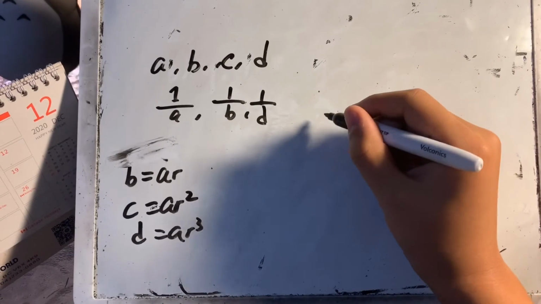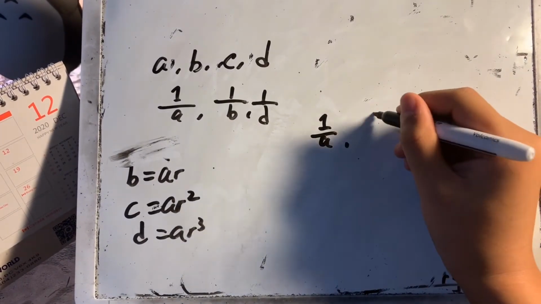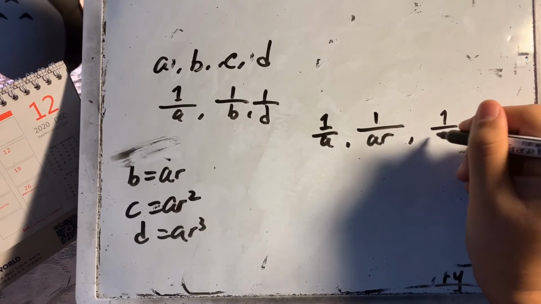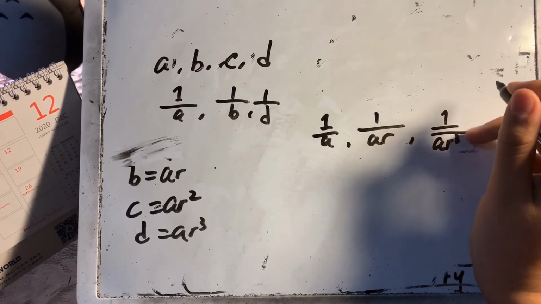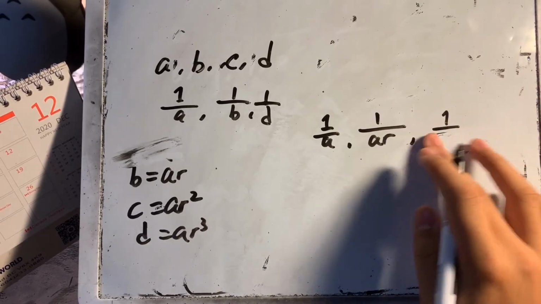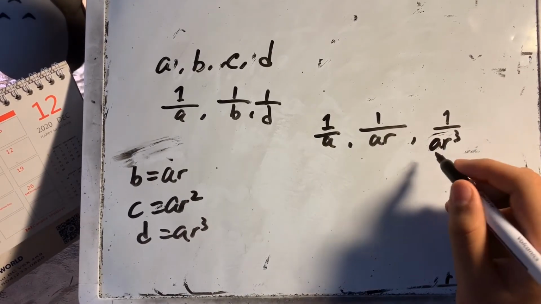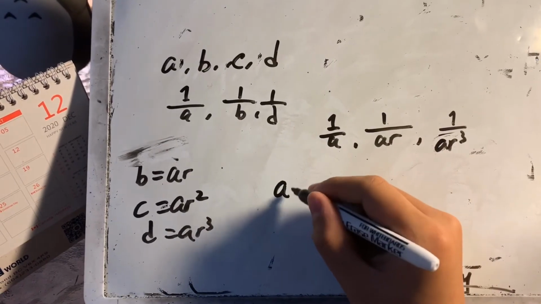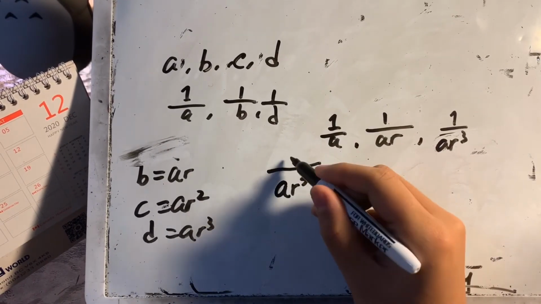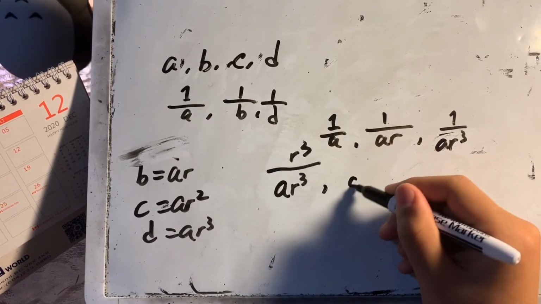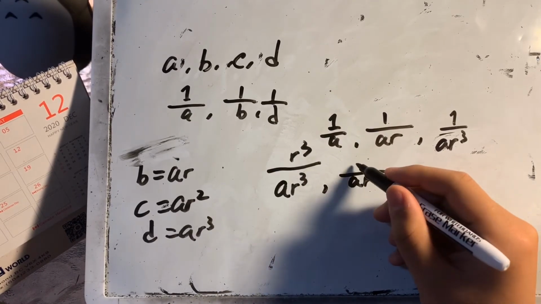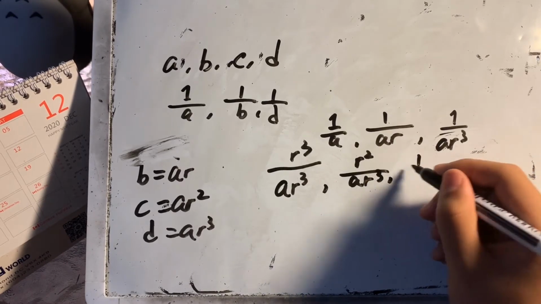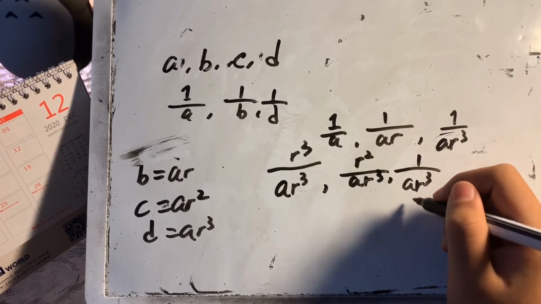So this means we can get that this, and this forms an arithmetic sequence. Or let's use another way to express them, which is this, this, and this forms an arithmetic sequence.